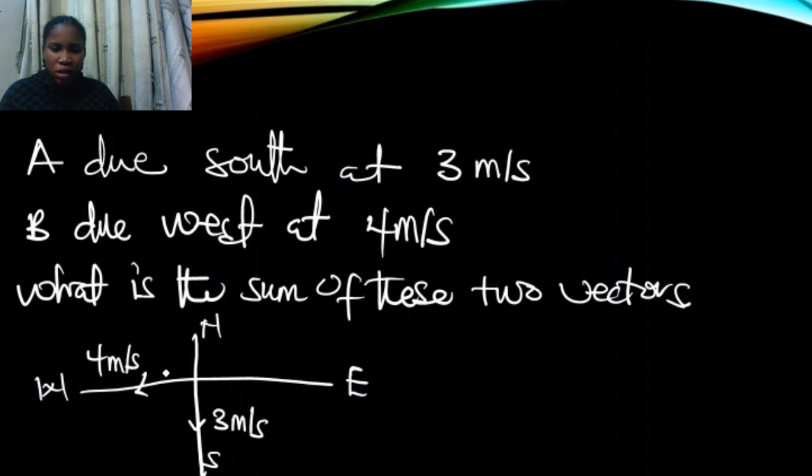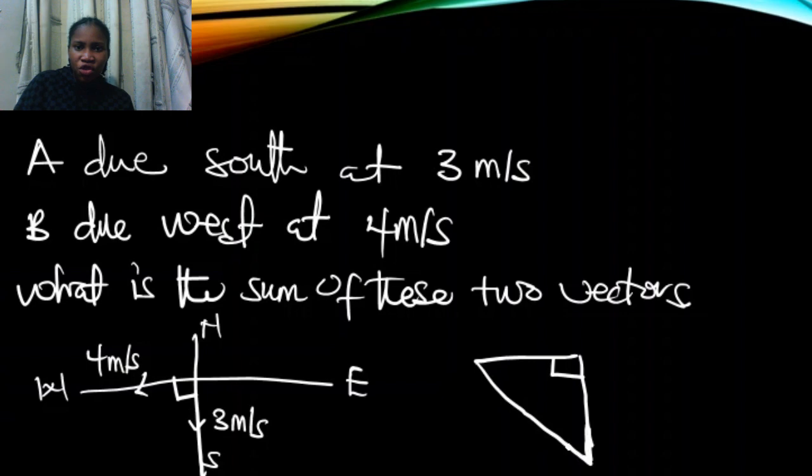So we see that they are also inclined at an angle of 90 degrees. So let's draw that. 90 degrees, meaning their hypotenuse will be here. It's still a right angle triangle because both legs are inclined at an angle of 90 degrees. So in that case, we can still use our Pythagoras theorem to get this VR.